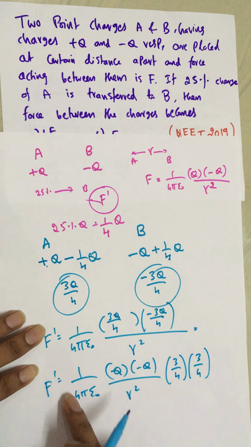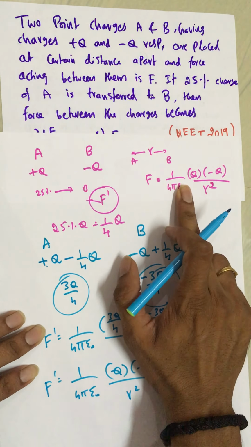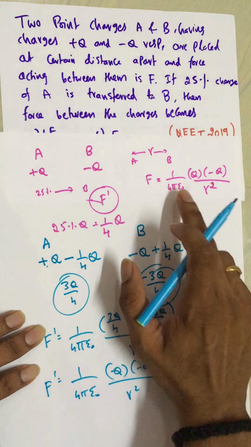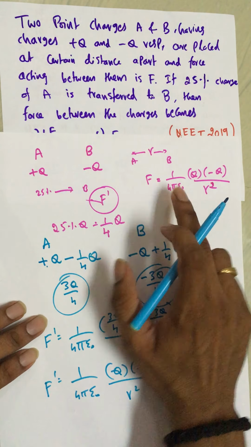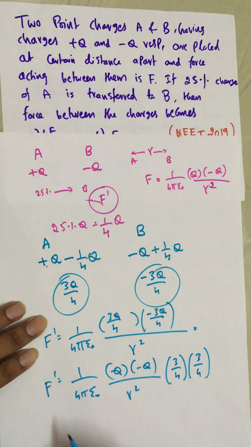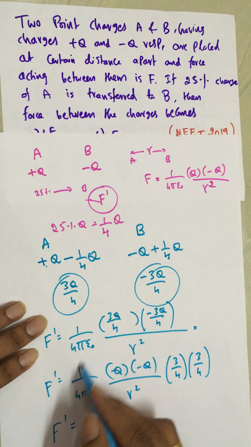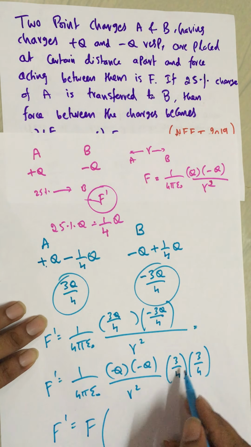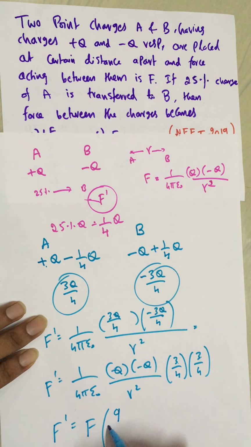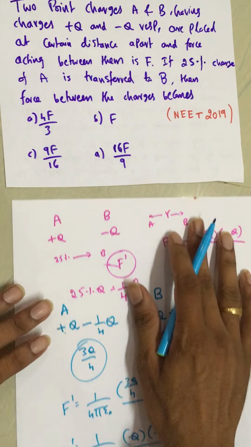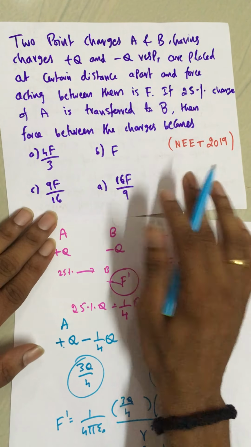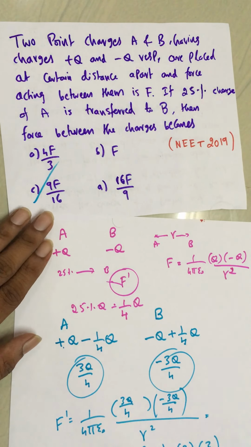The whole thing is F, the electrostatic force of attraction between the original charges. So F dash is equal to F into 3 by 4 into 3 by 4, that is 9 by 16. So the required answer is 9 by 16 times F. I can find it here in the options. Yeah, it's here: 9 by 16 times F.